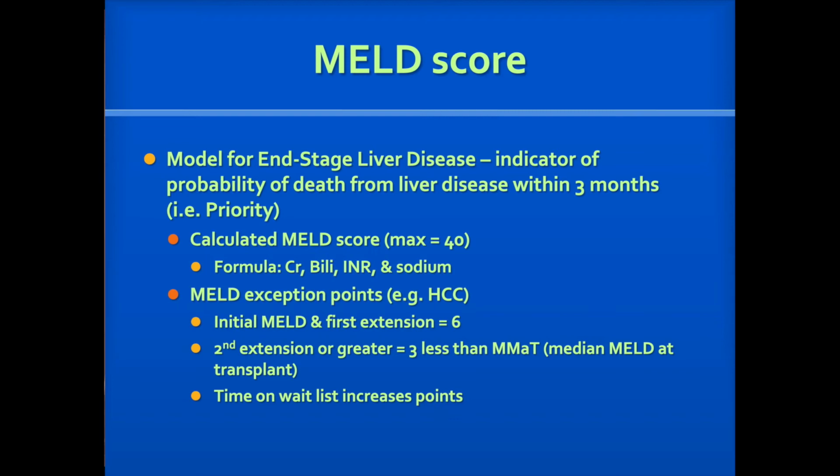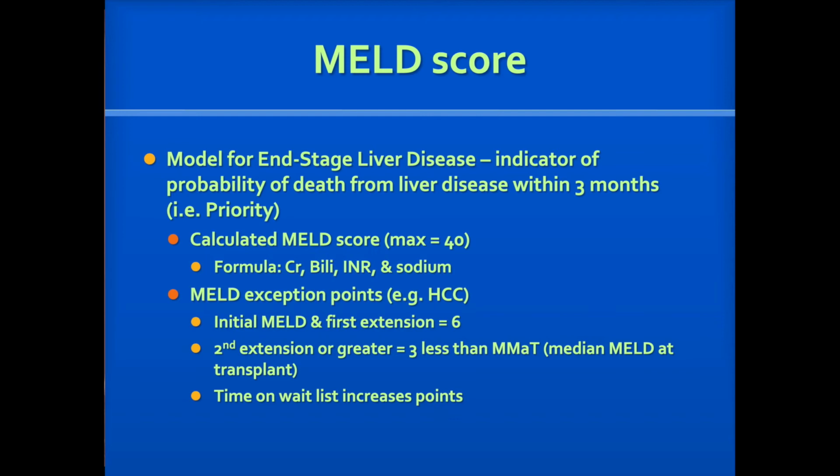Then you'll get another 6 points for your first extension. I think that's at 3 months. And then for your second extension or beyond, you'll get a score that's 3 less than the mean MELD at transplant for the region. So they take a look at all the patients who received a transplant in the region and figure out what the median was, and then subtract 3 from that to get your MELD exception points.